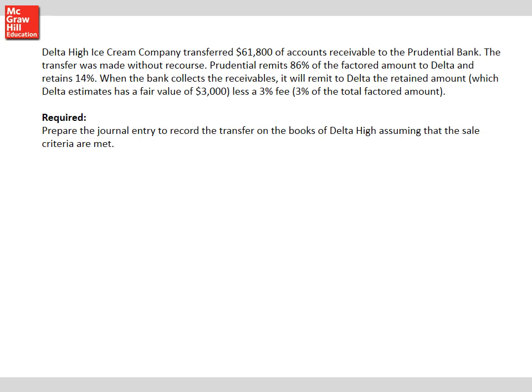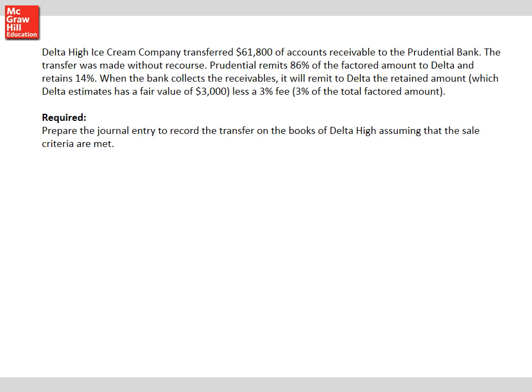When the bank collects the receivables, it will remit to Delta the retained amount, which Delta estimates has a fair value of $3,000, less a 3% fee of the total factored amount.